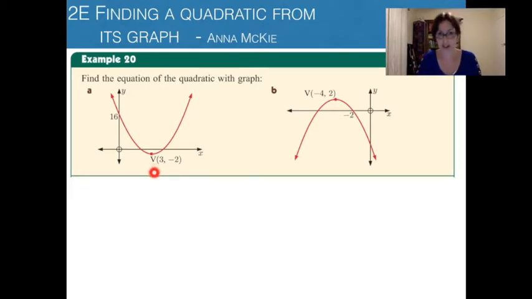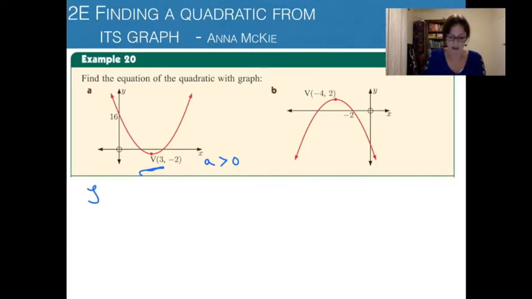The last two here, finding the equation again from the graph, but this time you don't have the x-intercepts, you've got a vertex. So that's going to be helpful as a point. The other general form that you can use for a quadratic is the turning point form. Well, let's identify what we've got first. We've got our vertex here, and our a, what are we heading towards? Greater than 0 or less than 0? I hope you'd say greater than 0.